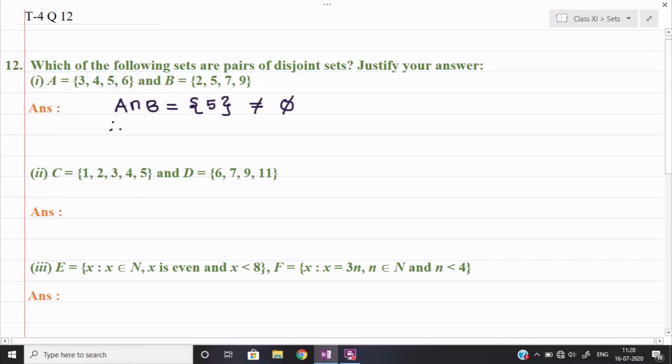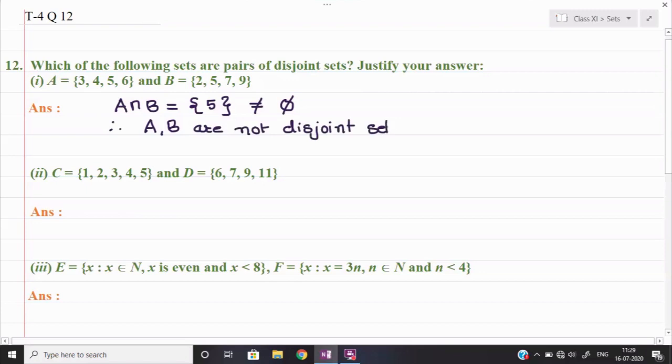So I can say that A comma B are not disjoint sets.